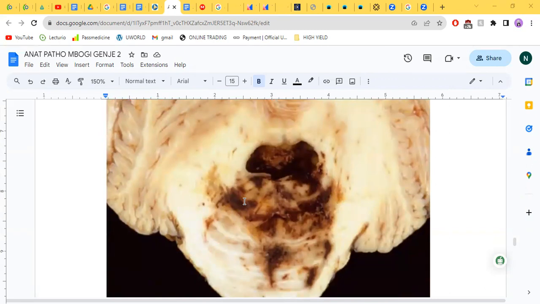Now, describe the gross morphology of this, or the gross morphology that can be seen in the image. Maybe we can quickly put our responses in the chat.